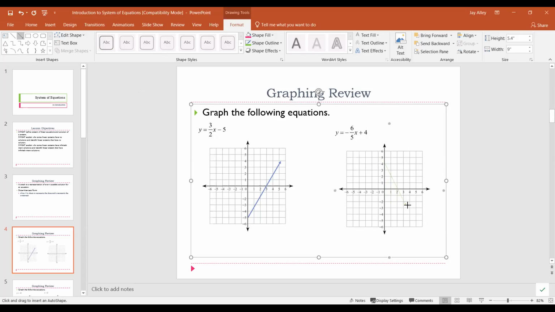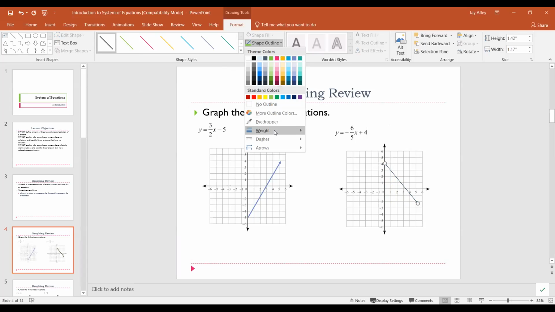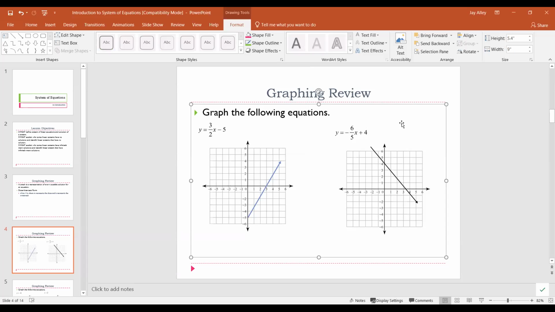Down 6 to the right 5. The y-intercept is right there at 4 where the line goes through the y-axis. That line is going up and to the left. It's a negative slope line.